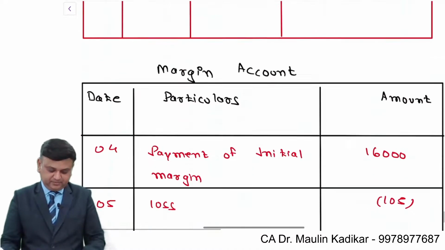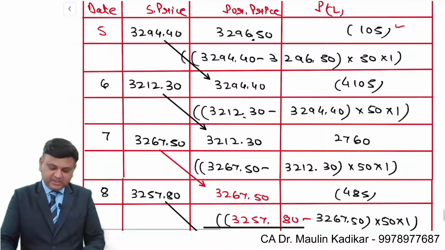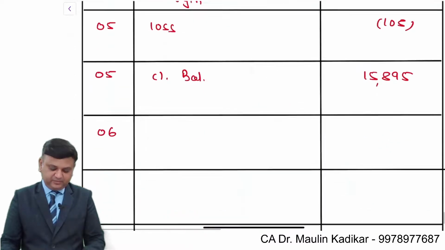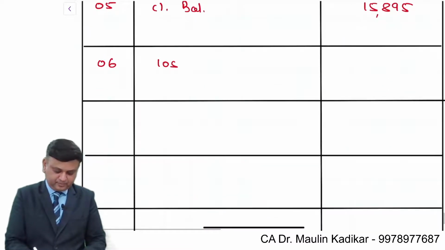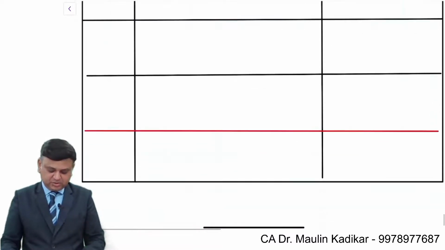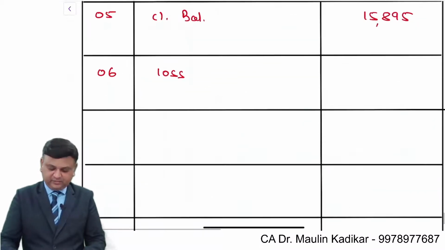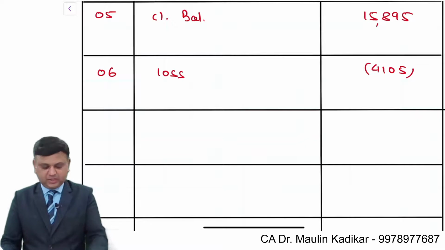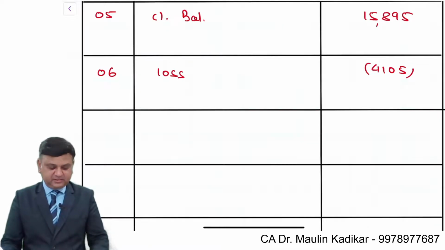On 6th, there is a loss of again 4105. So the balance in the margin is 15895 minus 4105.